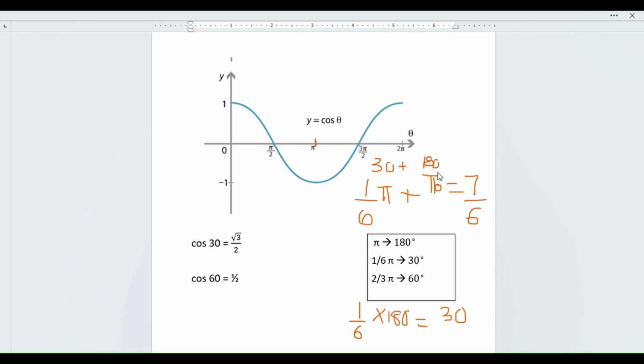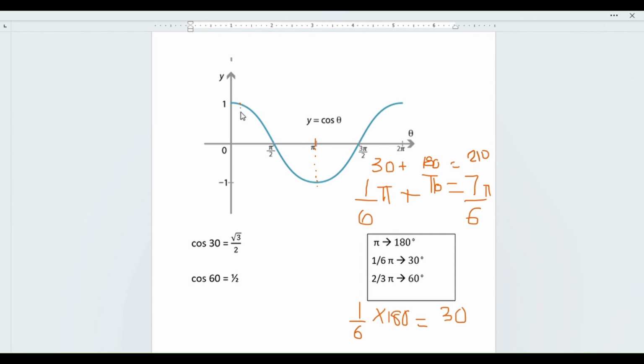And let me see where this lands on my graph. Since 1 over 6 pi is 30 degrees and pi is 180, 7 over 6 pi basically becomes 210. So let me see where 7 over 6 pi lands on my graph. This is pi over here. This is pi over 2. Let me see where is pi over 6.